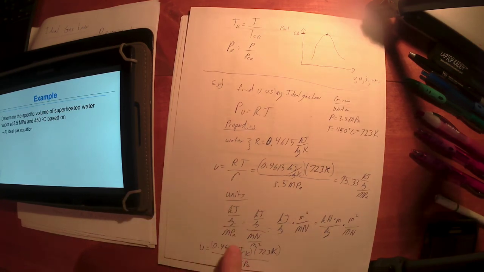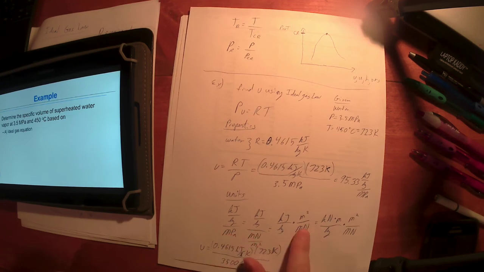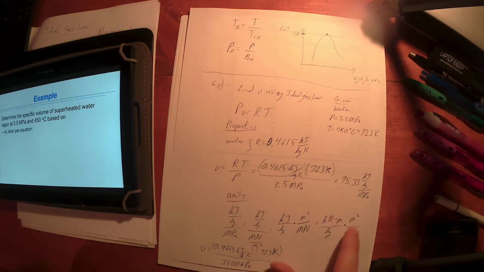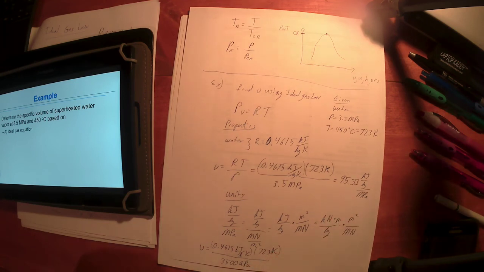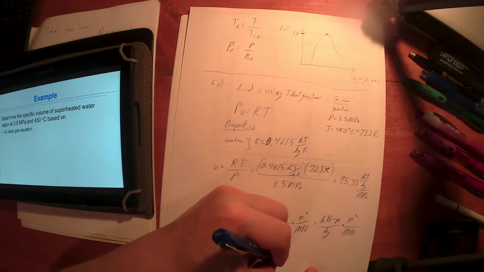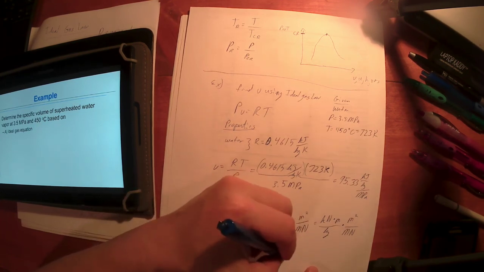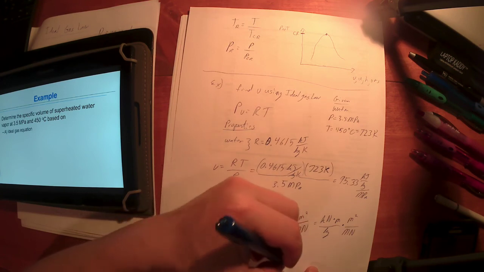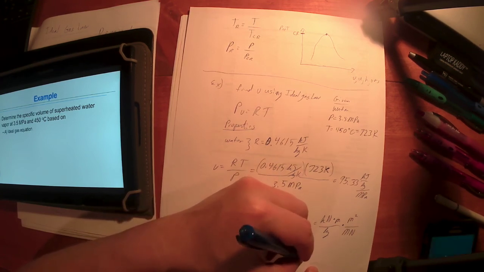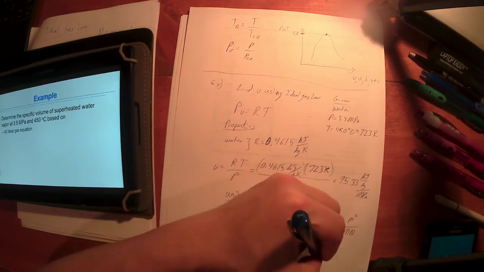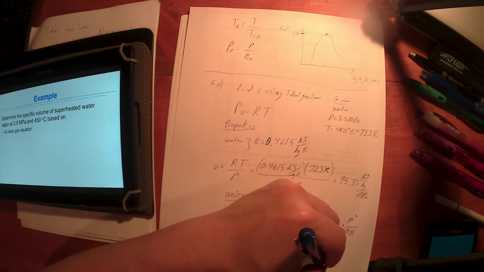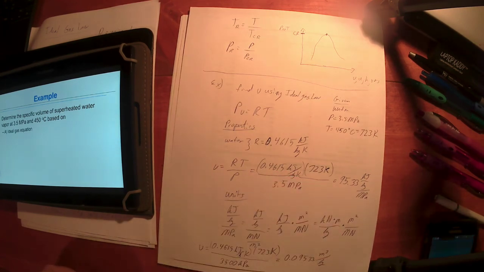So notice that this is kilopascals, kilonewtons per meter squared, kilonewtons, meter squared over kilonewtons, and this just simplifies to meters cubed per kilogram. I have to move the decimal place 3 places because I've divided by 1,000 now. So this is 0.09533, and the units there are meters cubed per kilogram. And I have to stop there.